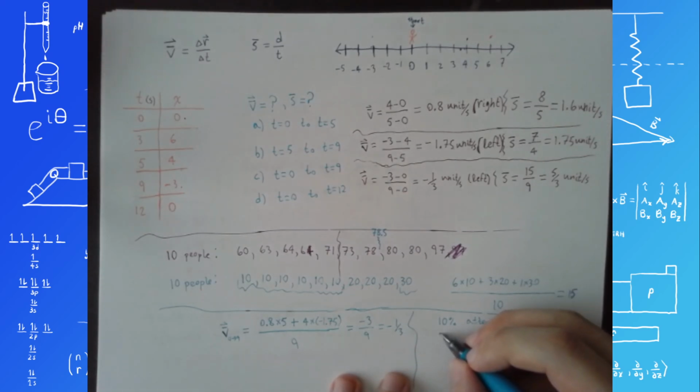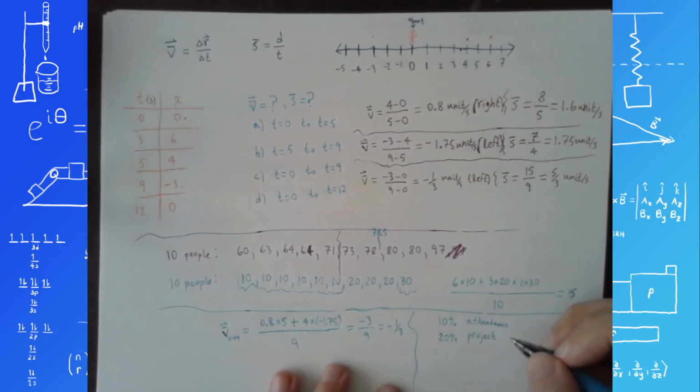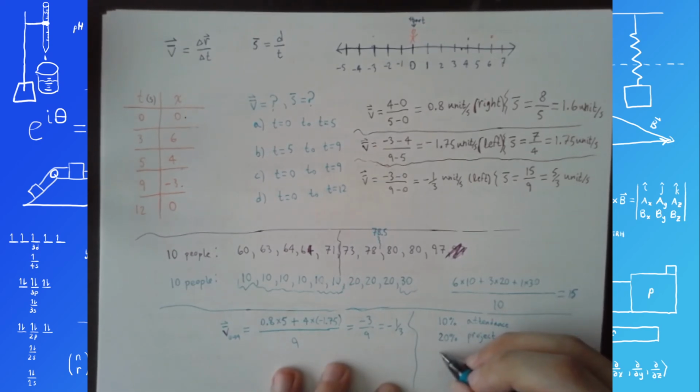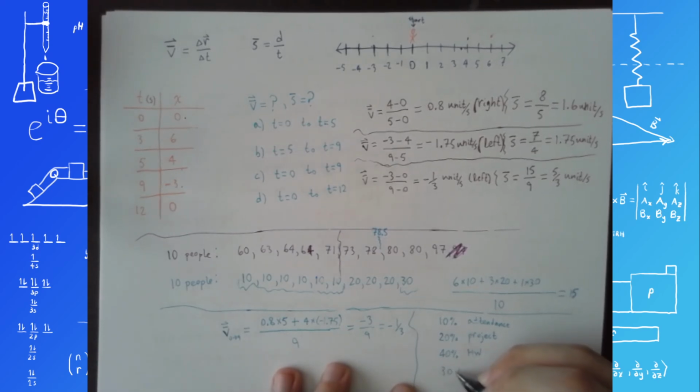And 20% of your score is like some sort of project unit. And maybe, let's see, 10 and 20, that's 30, so that leaves us with 70. We'll say 40% of your score is homework. And the remaining 30% is tests and quizzes.